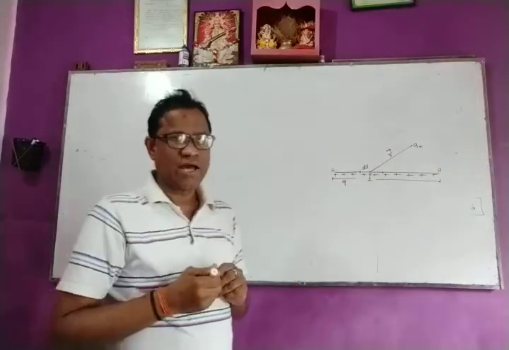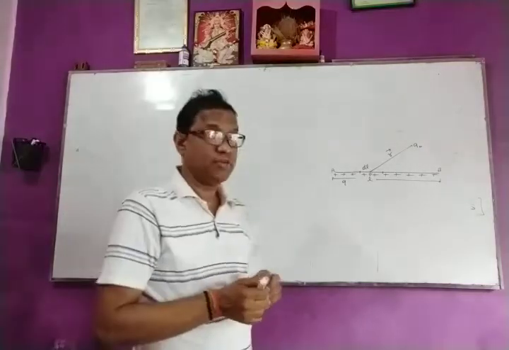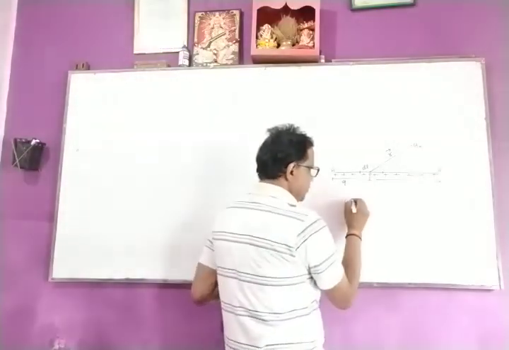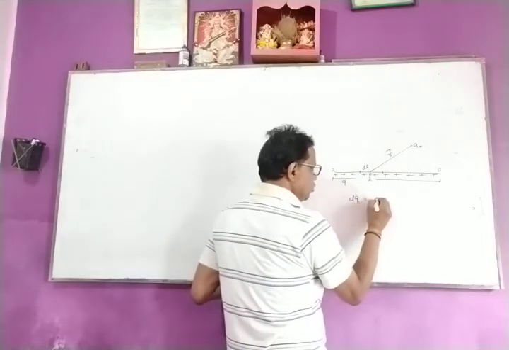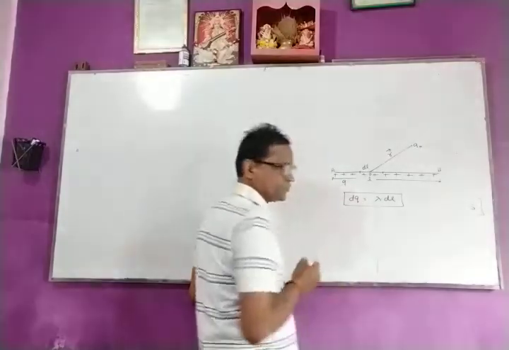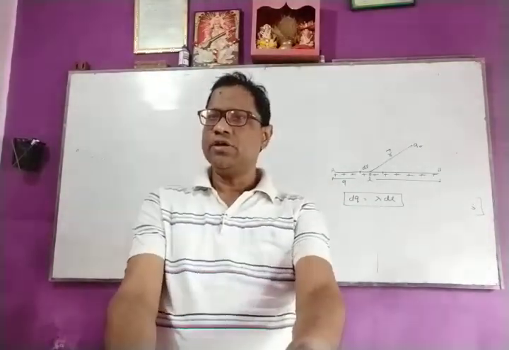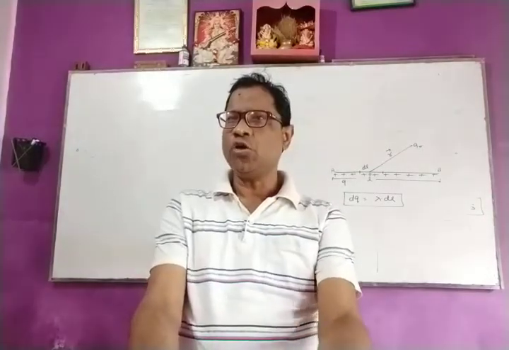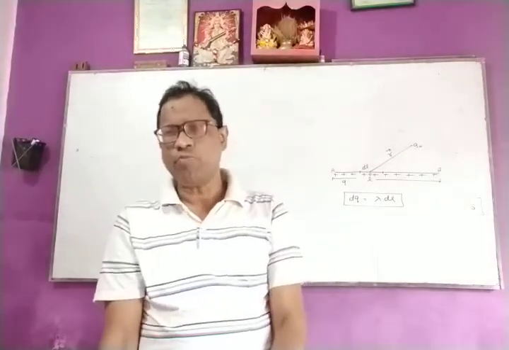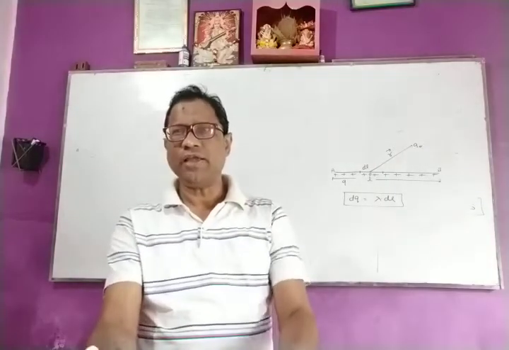Clear? Charge on the element of length dl is given by dq is equal to lambda into dl. Lambda into dl, it is the charge on the small portion of length dl.